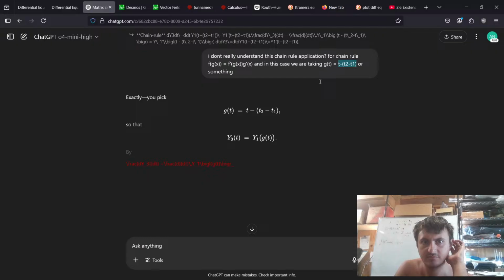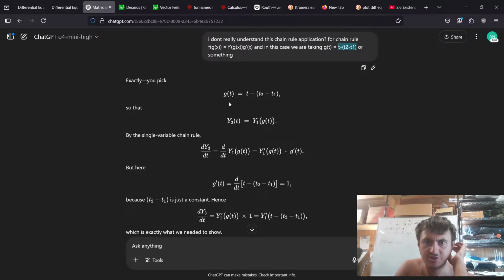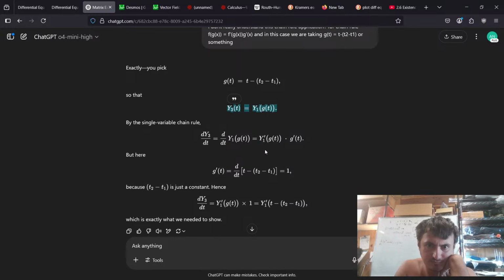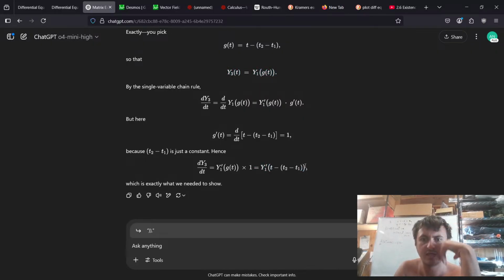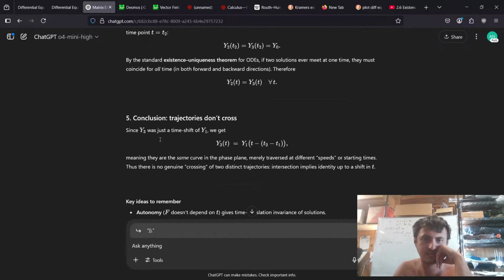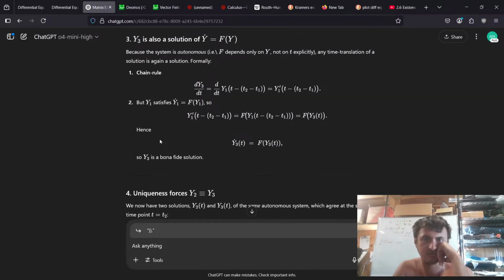And so then, yeah, you pick g of t is equal to t. Okay. Then you say it's equal to y1 of t. Okay, great. That makes sense. I just needed to spell it out. But y1 satisfies this.